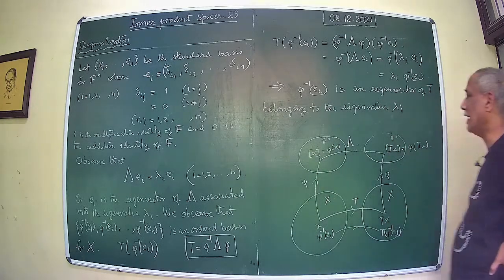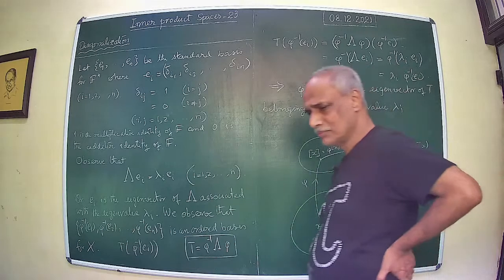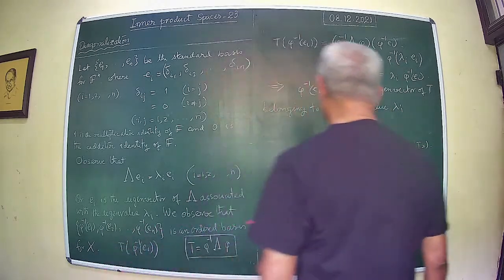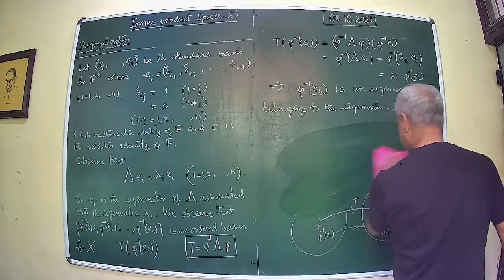Or you can show that both T and lambda have the same eigenvalues. One can easily see that.